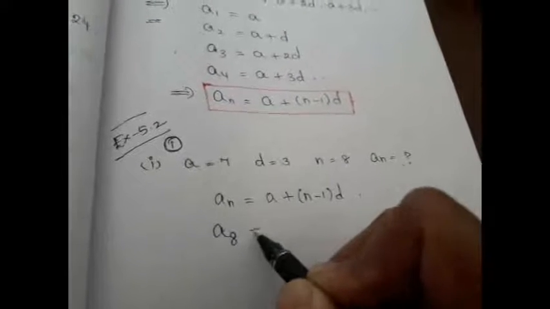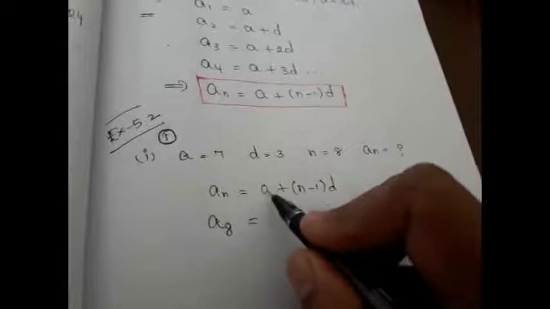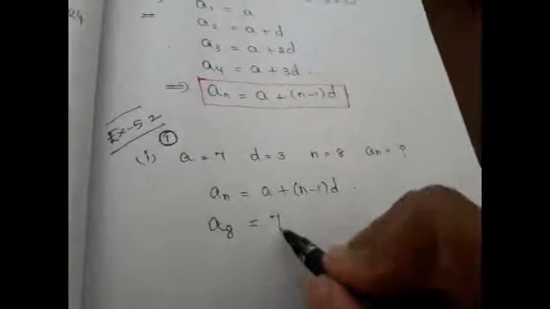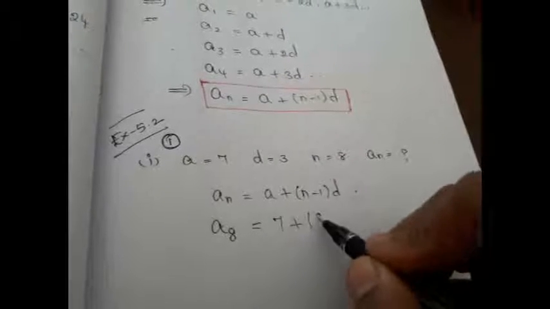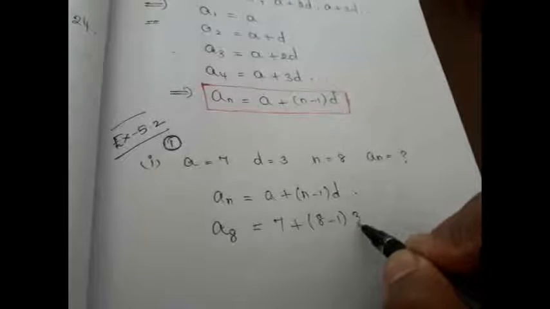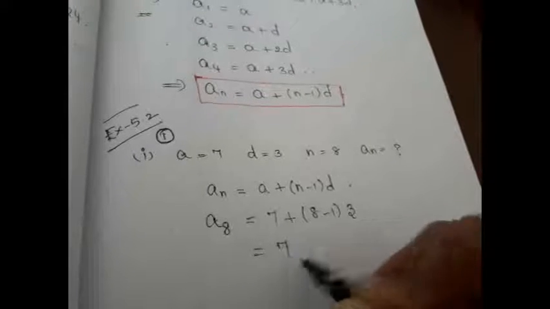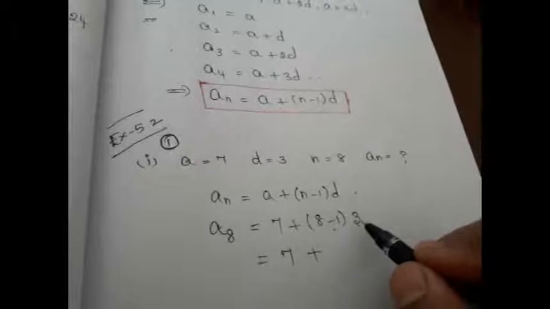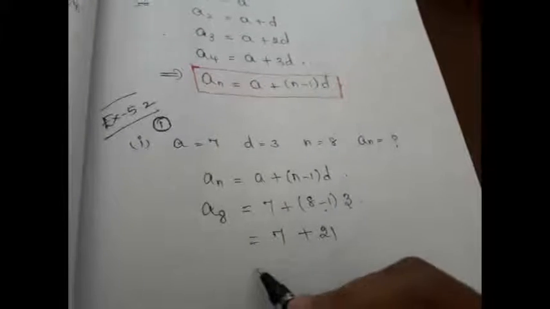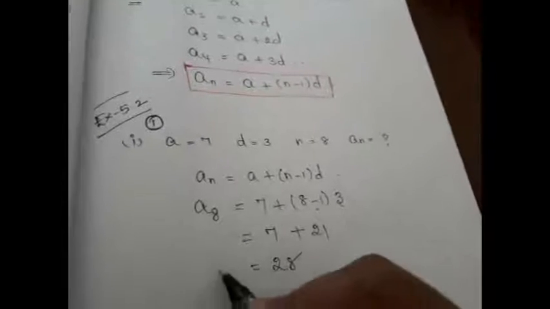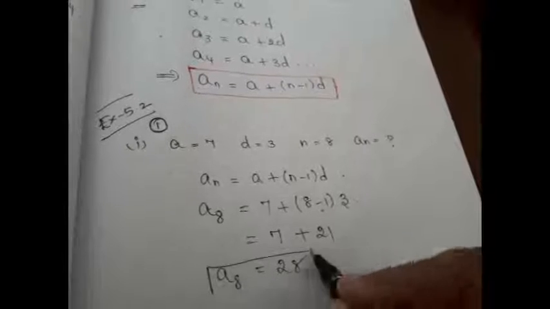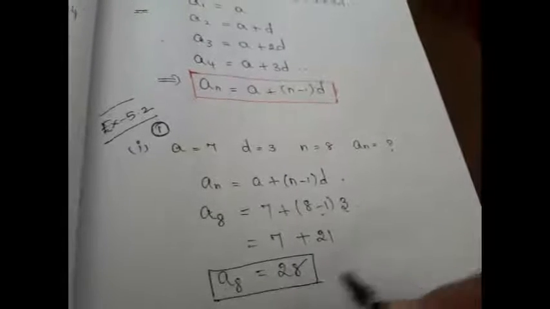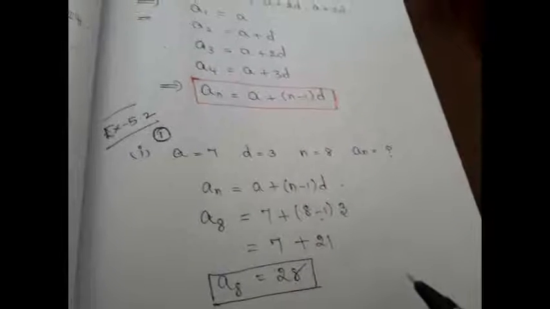So A8 only we need to find, which is equal to A is 7 plus n minus 1, that is 8 minus 1, into D is 3. So 7 plus 7 times 3. 7 threes are 21. So 21 plus 7 is 28. So your 8th term, A8, is 28.